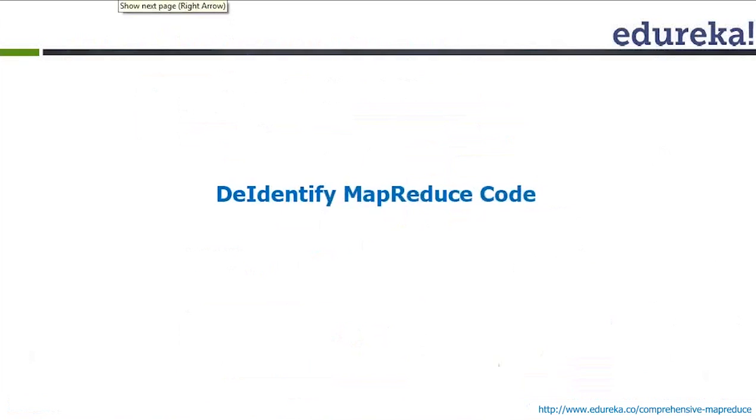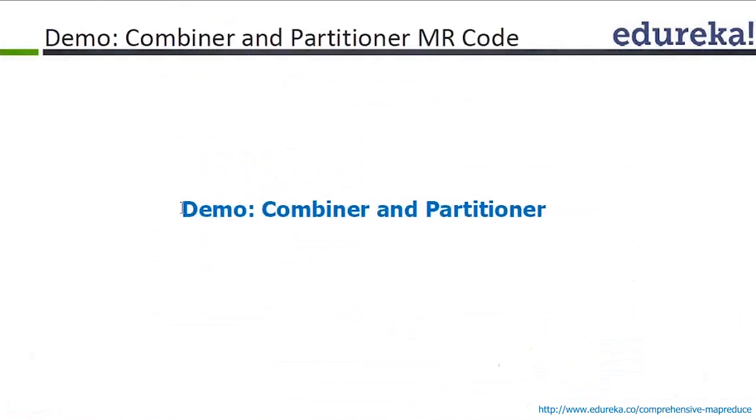Now this is going to be the de-identify MapReduce code. The earlier code that we discussed, the combiner partitioner example, is something that we are going to cover in our advanced MapReduce.